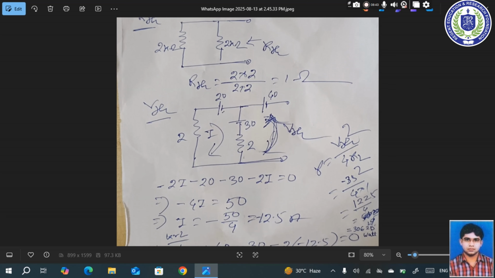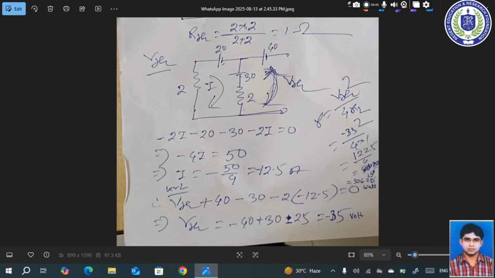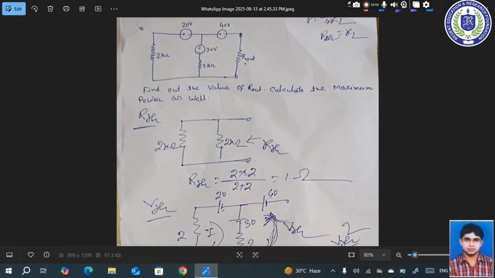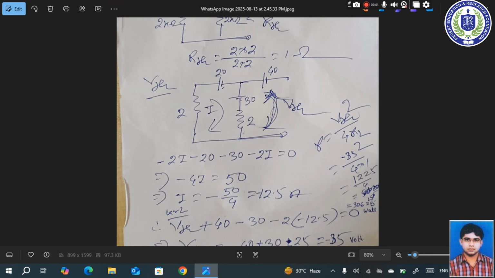RL equal to RTH, so we can write 4 into 1, that is 35 square divided by 4. The answer becomes 306.25 watt, which is the maximum power transfer according to the maximum power transfer theorem in this particular circuit.